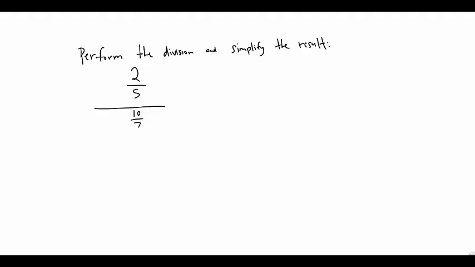We want to perform all the operations that we can perform on rational numbers. For example, we want to apply addition, subtraction, multiplication, division of rational expressions. To do division of rational expressions, let's go back and look at division of rational numbers. Here's a good example. 2/5 divided by 10/7.